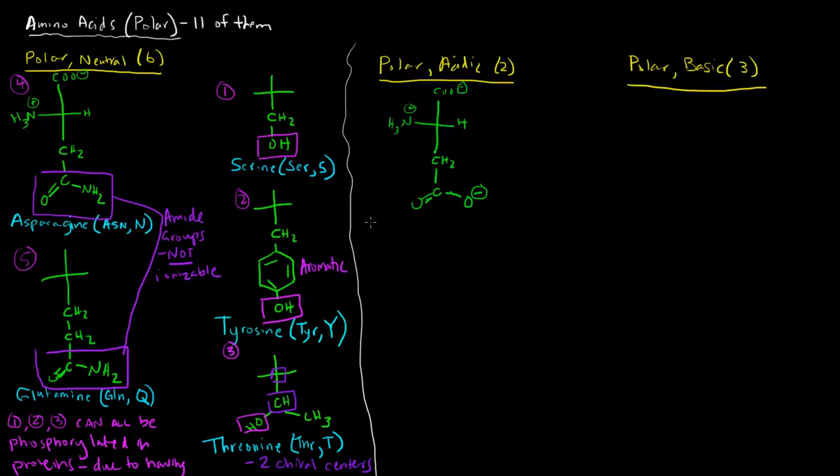So I'm going to write here aspartate, because that's the way I drew it in, right? ASP, and its one letter code is D. It's also called aspartic acid. Now, the reason why I wrote aspartate first is because it's in its conjugate base form, right?